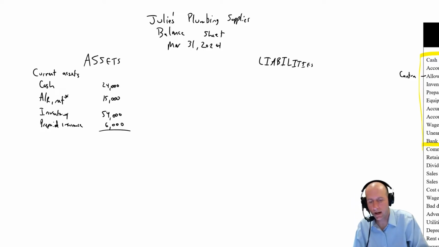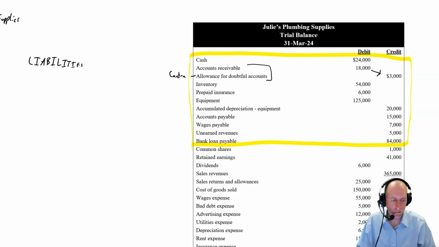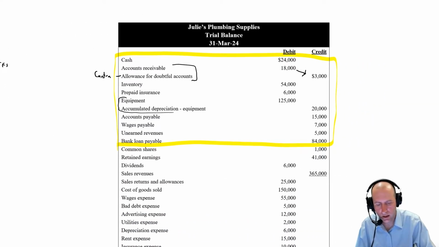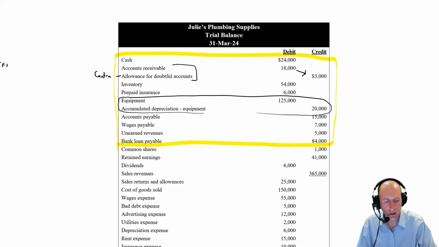So adding this up, 60, 80, 90, 99,000, I believe, is our total. Kind of an interesting number. Total current assets. Now, in terms of long-term assets, I see equipment and I see accumulated depreciation equipment. Well, again, it's an asset with a contra asset.